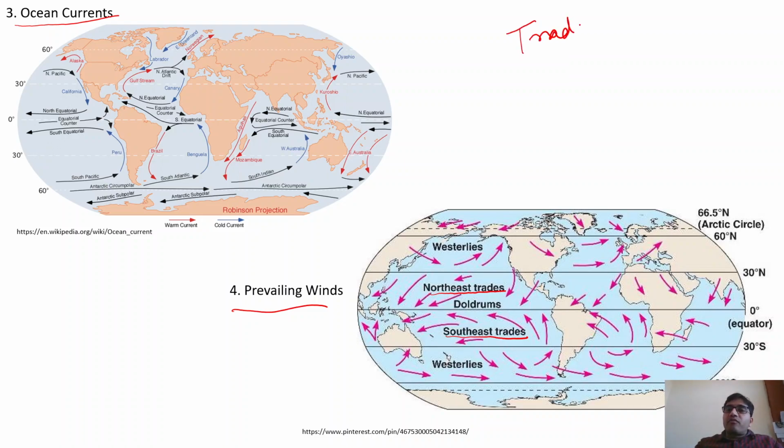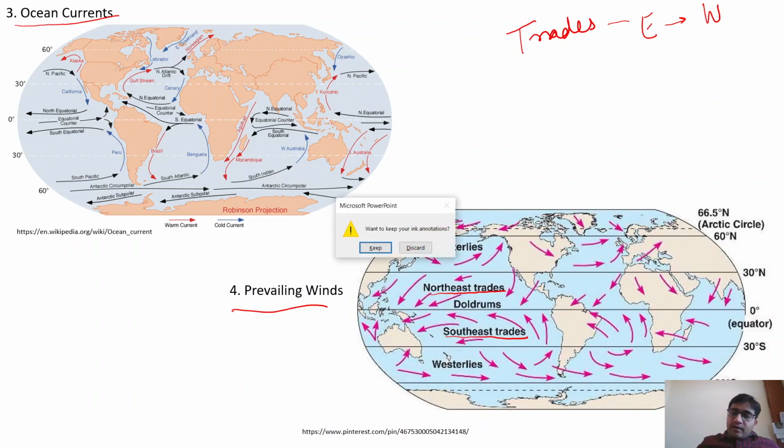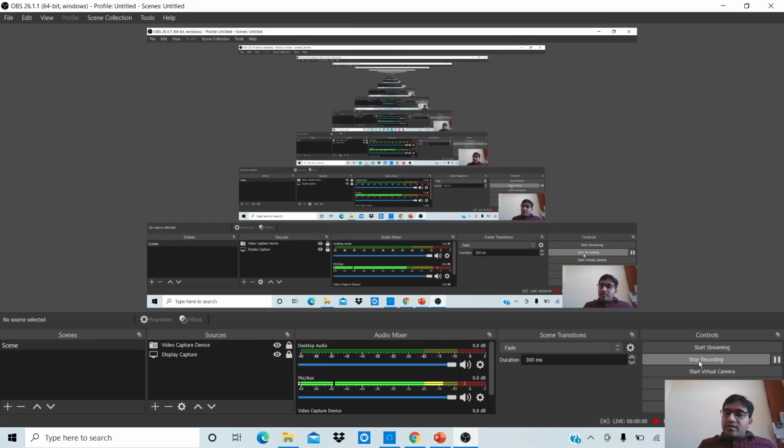What is the direction of trade winds? They blow from east towards west. So this is east to west. Now the trade winds, as I have given in some of my lectures, I had talked about the Coriolis effect and the wind circulation pattern.